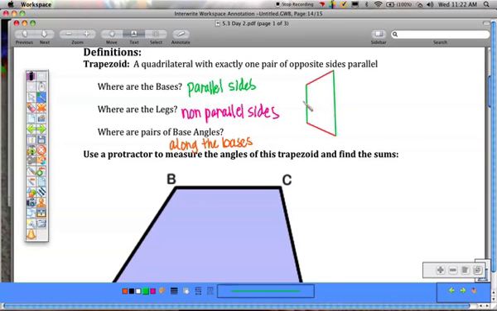The parallel sides are the bases. So here's a base. I'll call this base 2. I'll call this base 1. And then the other 2 are the non-parallel sides, or the legs. So I'll call this leg 1, leg 2. And the base angles are along the bases. So here's one set of base angles right here. The other set of base angles would be right here.